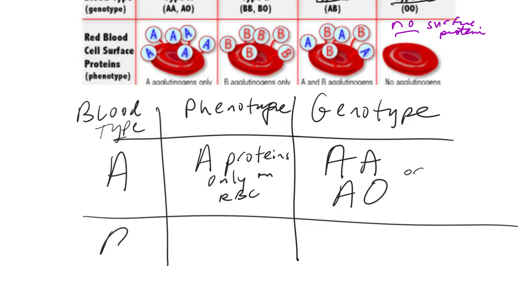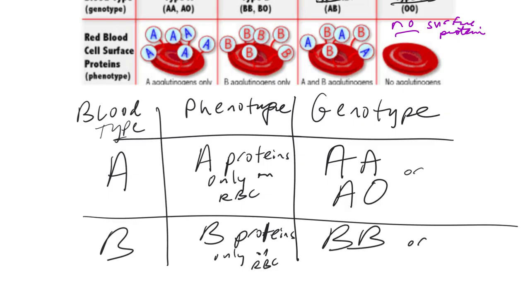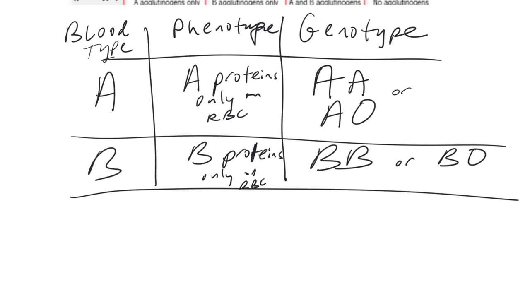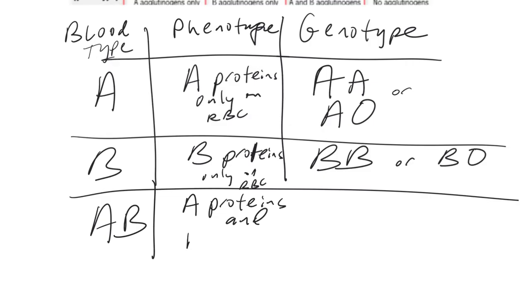Okay, if you're type B blood, you have B proteins only on the RBC. So you could be what? Big B, or BO. Okay, you also could be AB blood, and you have A proteins and B proteins on the RBC.